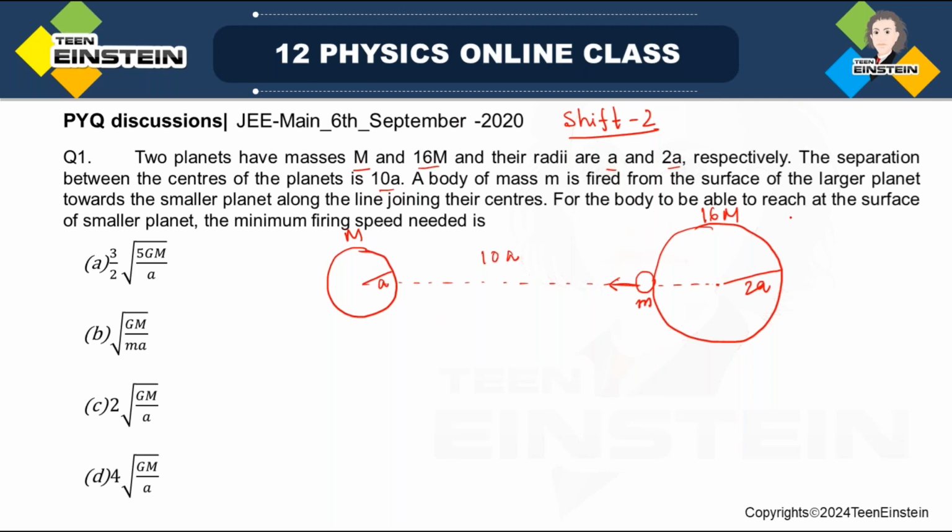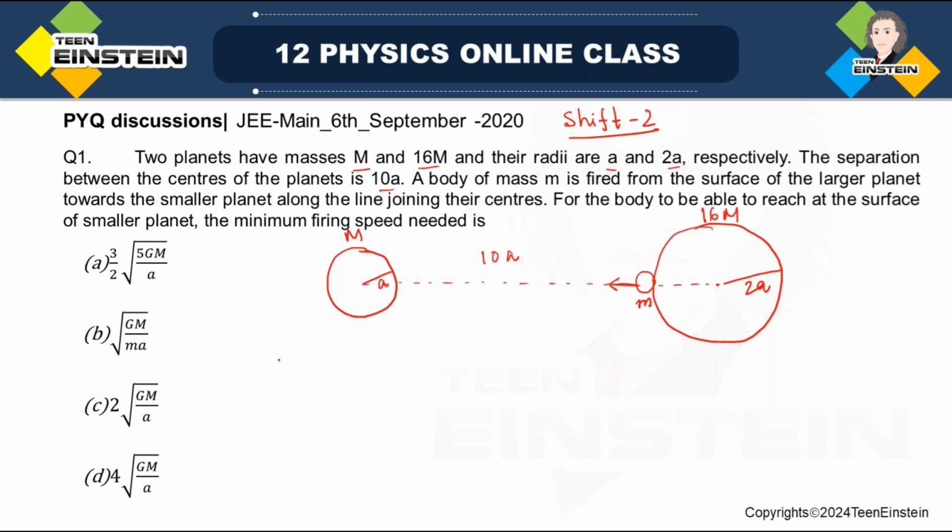For the body to be able to reach the surface of the smaller planet, the minimum firing speed needed is. So you have to find out the minimum firing speed. So how do we do that?